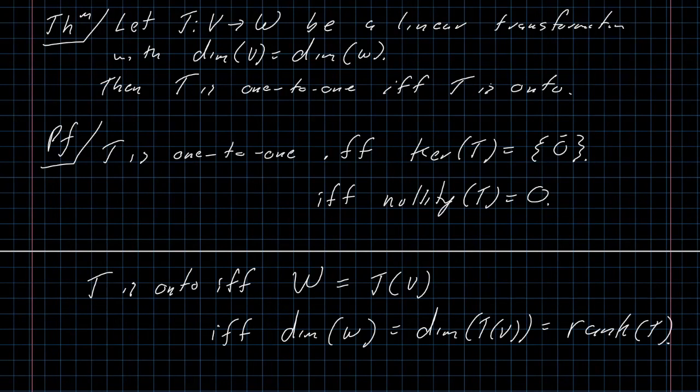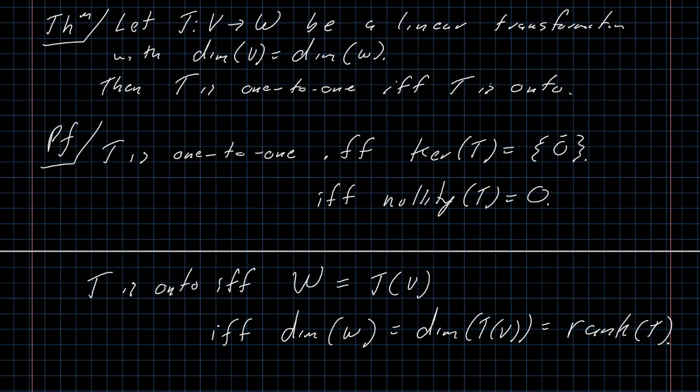That's not obvious as an if and only if statement, but it will make sense when you add in the reminder that T of V is always a subspace of W. So T of V must be contained within W. The dimension of T of V must always be less than or equal to the dimension of W. And the equality of the dimension happens whenever the vector spaces themselves are the same vector space.